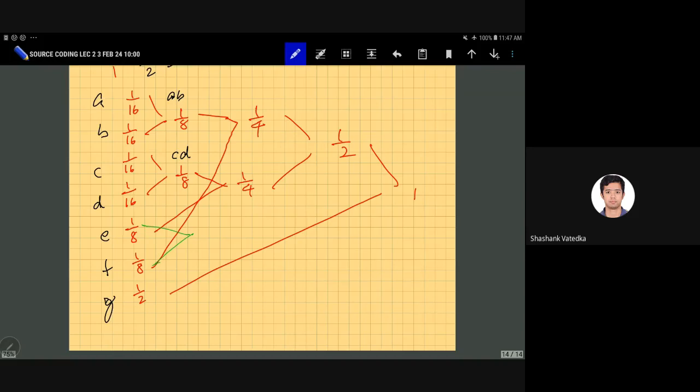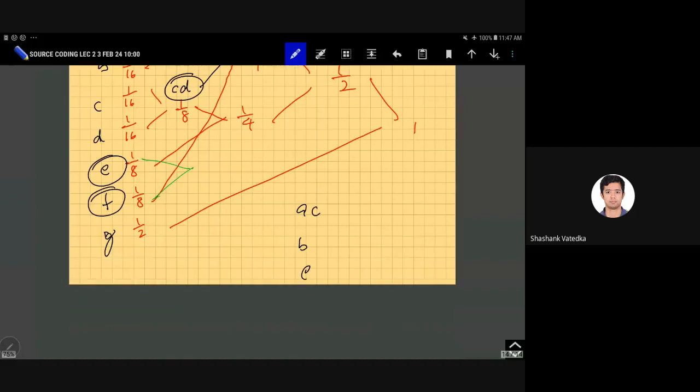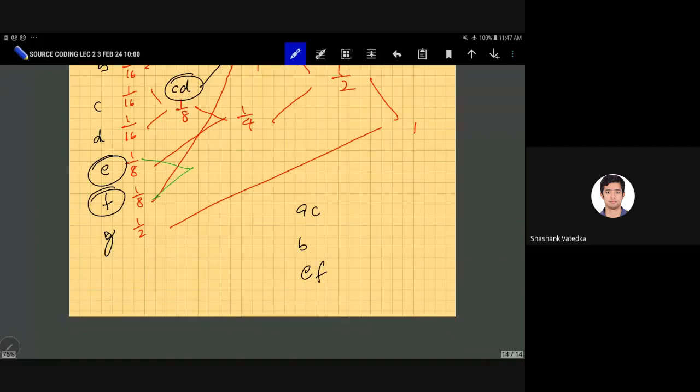So in this case, we can merge AB and CD, or CD and E, or AB and F, whatever. So you can always decide to merge symbols which are alphabetically the first, so lexicographically they are the least. So I will always decide to merge AB and CD if there is a tie, or if there is something like AC and B and EF, then I will always merge the lexicographically least, which could be AC and B. So this is one way to do it.